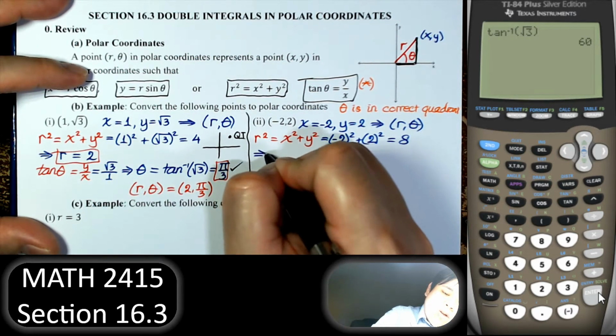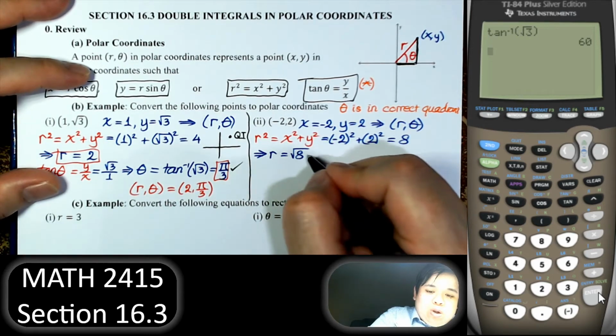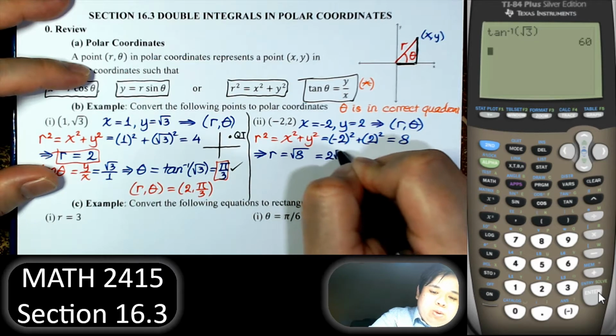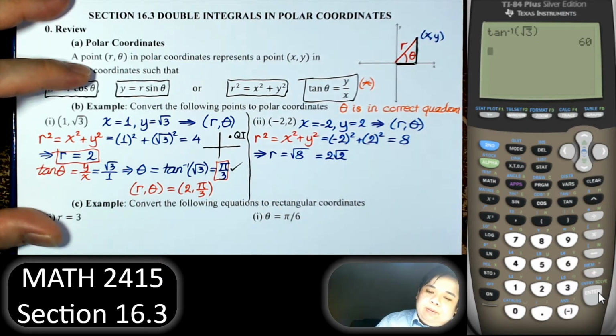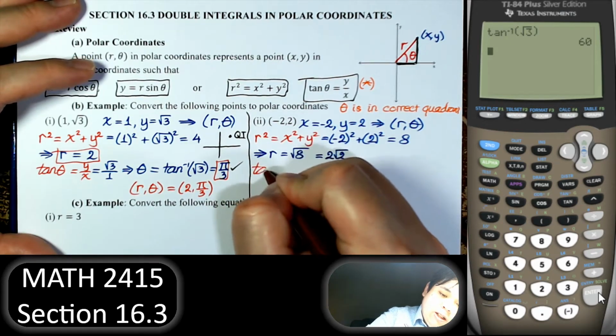So we take the square root of that. Square root of 8, or square root of 4 times square root of 2, or just 2 square root of 2 for r.